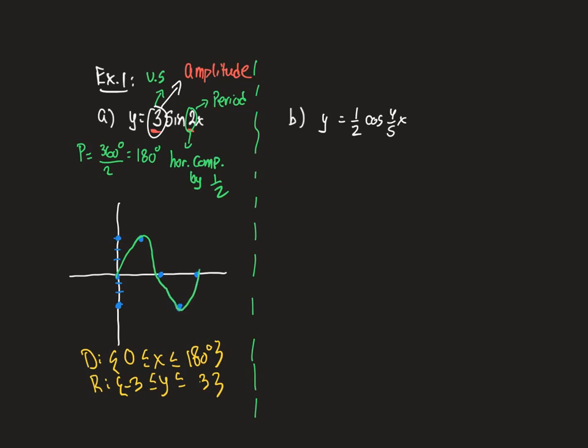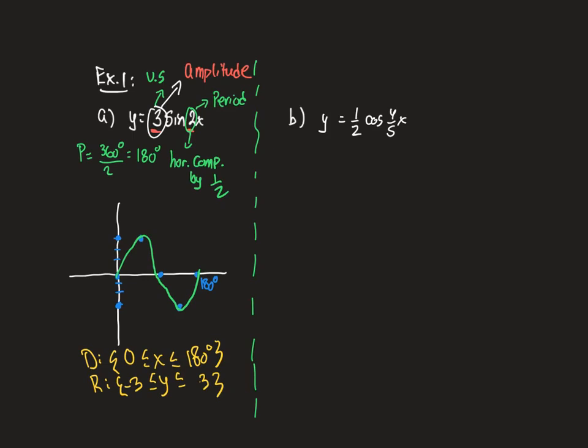Okay, so if I know that this goes up to 180, that means this point here has to be 180 degrees. I also know that it has to go by equal increments. Now 180, well, you're going from 0 to 180. What's the best way I can split this up? Well, when would my maximum actually happen?